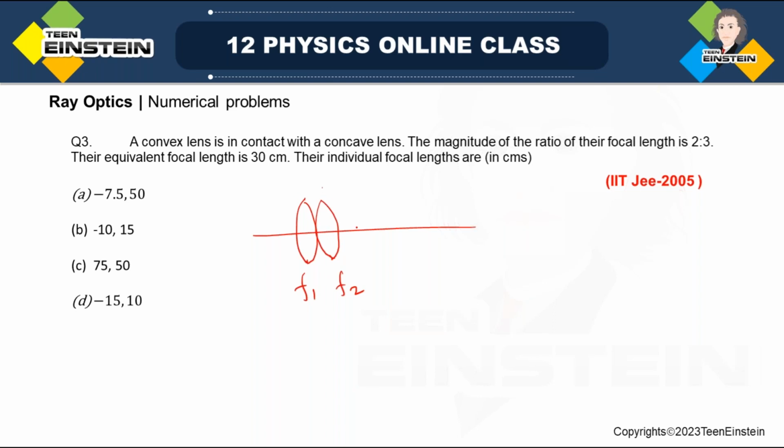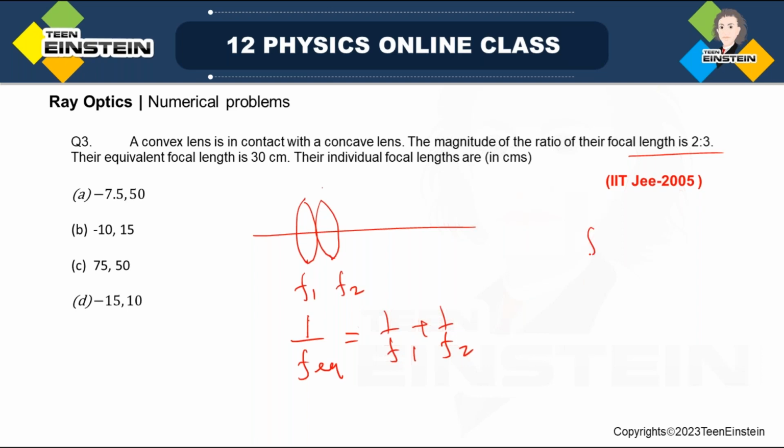If I take a single lens equivalent to this combination, then the equivalent focal length will be given by 1 over f1 plus 1 over f2. The equivalent focal length is given already, and the ratio of their focal lengths is given.